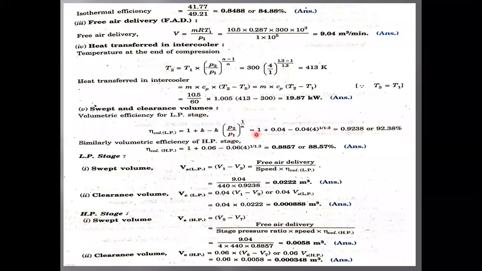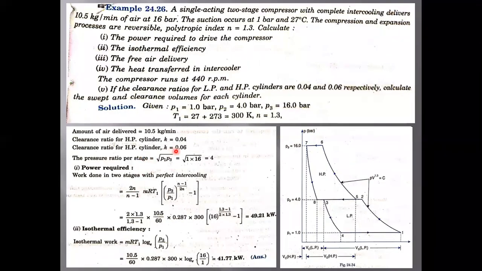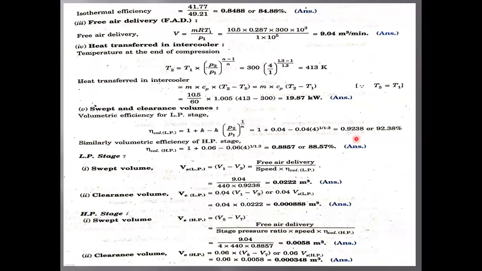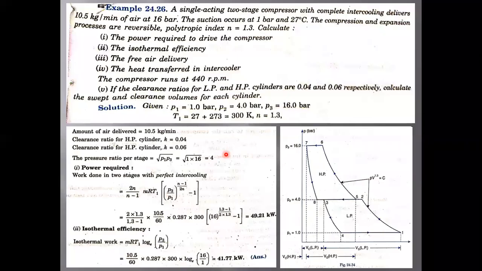So 1 plus 0.04 minus 0.04 into P2 by P1. See here, what is P2? We already found out P2 here, which is 4 bar, right? 4 into 1 by N means 1 by 1.3. By calculating all these things, you will get the volumetric efficiency for the low pressure cylinder as 92.38%. Similarly, for the volumetric efficiency of the high pressure cylinder, instead of taking 0.04, take 0.06.